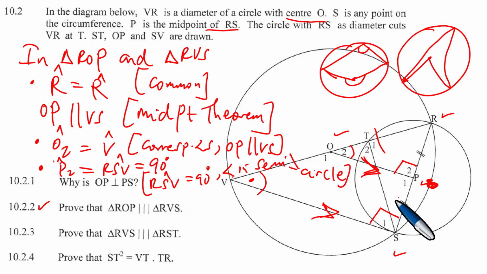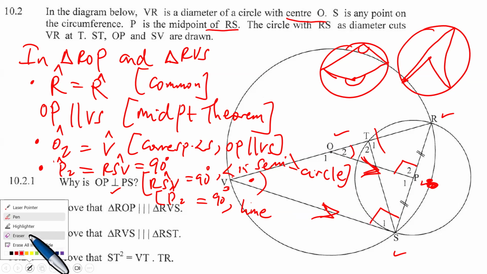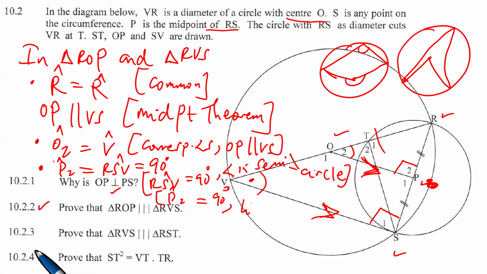But also angle P2 is equal to 90 degrees. Why is P2 equal to 90 degrees? This is the reason here: because of the line from center to midpoint of chord.